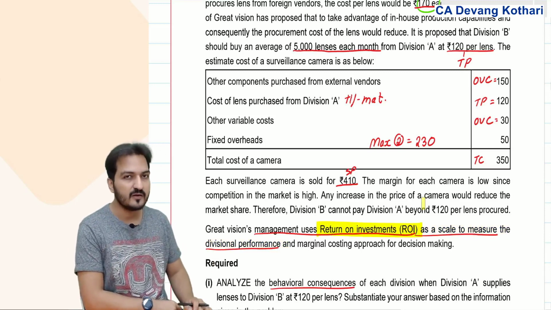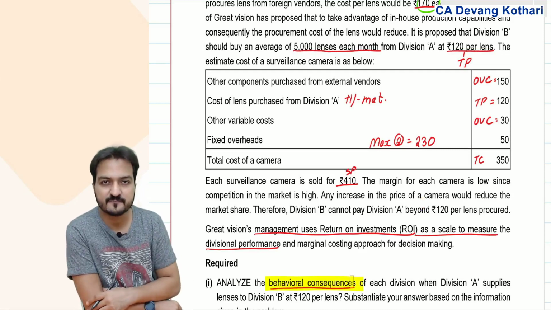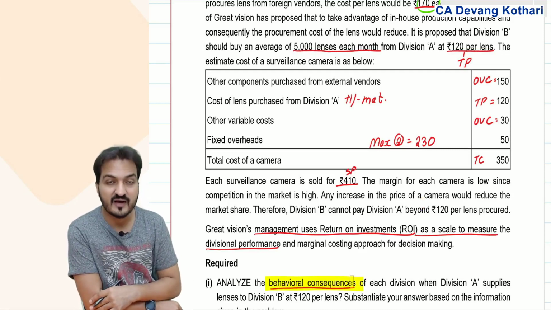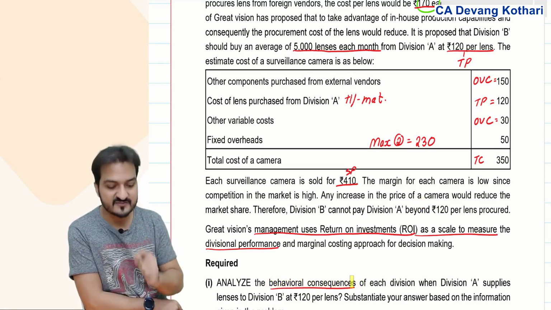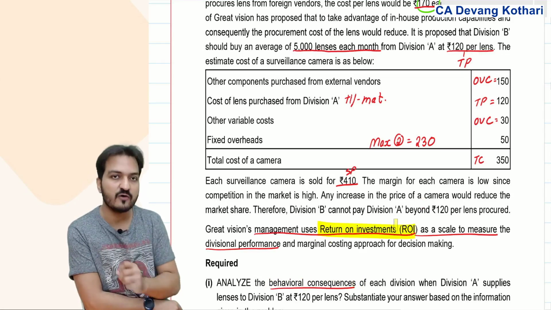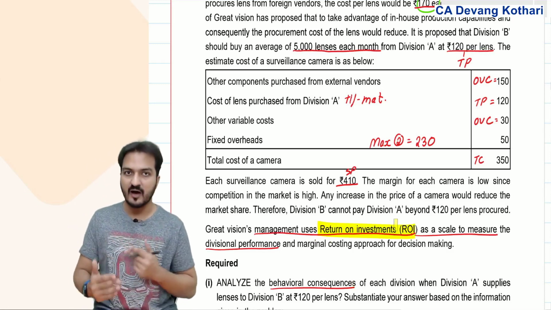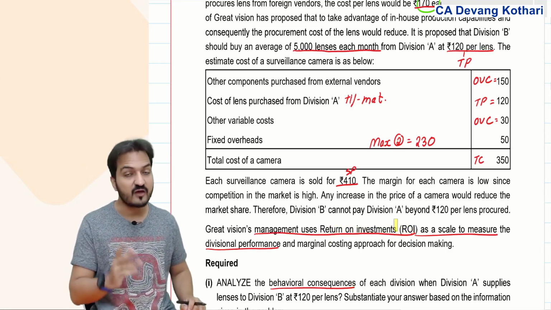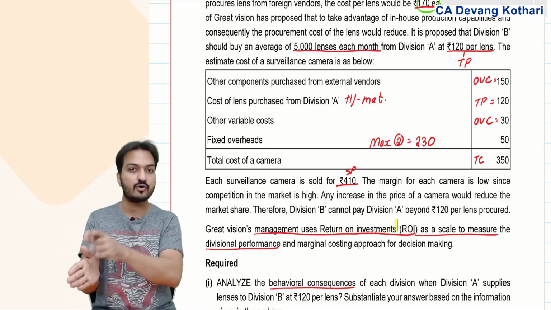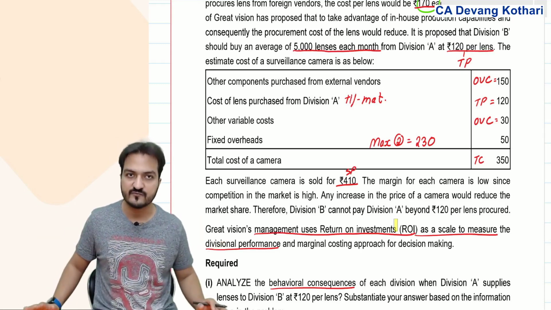That is why, whenever you answer behavioral consequences, you answer what the behavior of the division will be with respect to its return on investment. If divisional performance is measured based on ROI, then in your answer you calculate ROI if transfer is done, calculate ROI if transfer is not done, and accordingly say what the behavior of the division will be.